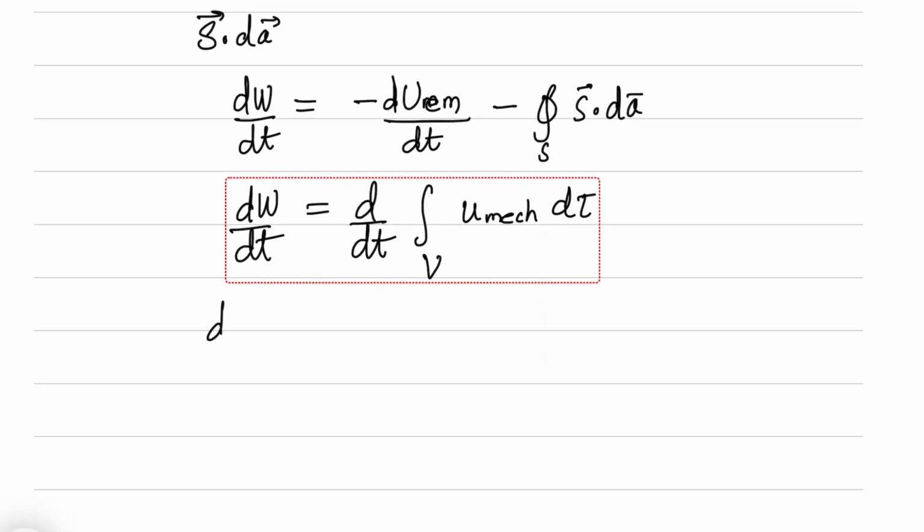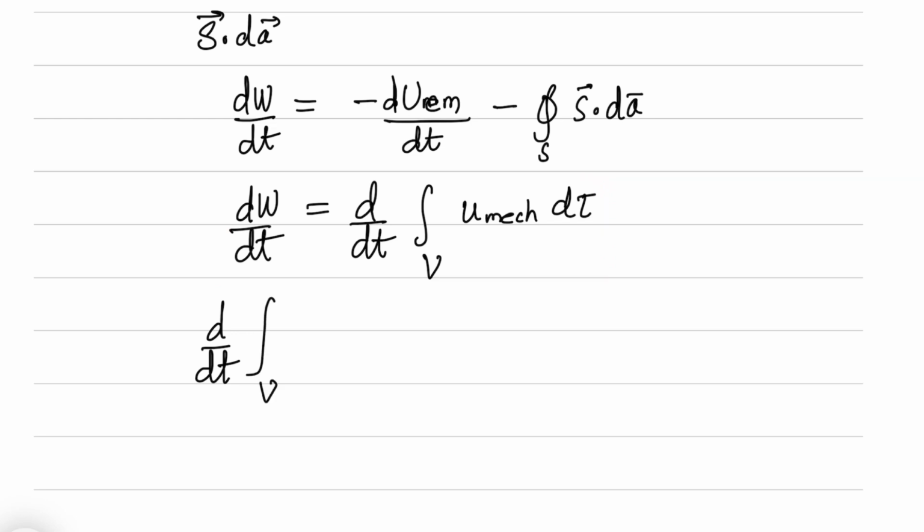Then we have d by dt of the integral over the volume V of U mechanical plus U electromagnetic, and this will give me minus del dot S. So this is the differential version of the Poynting theorem.